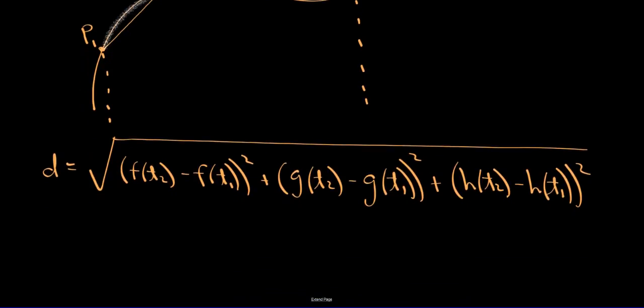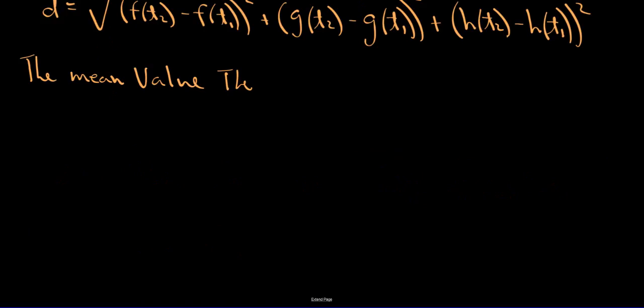Now, let's hearken back to the mean value theorem. Remember the mean value theorem. It says that if you have a curve that's continuous on a closed interval, differentiable on an open interval, then within that open interval there is some number such that if you take the derivative and evaluate it at that number, it equals the average rate of change.